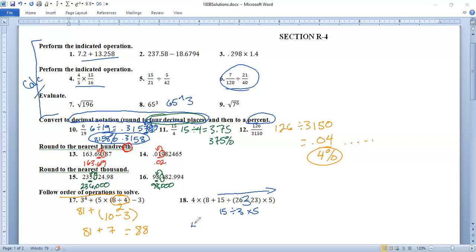So this is 4 times 8 plus 25. That's important. That right there is 25. 4 times 33, and that is 132. Excellent.